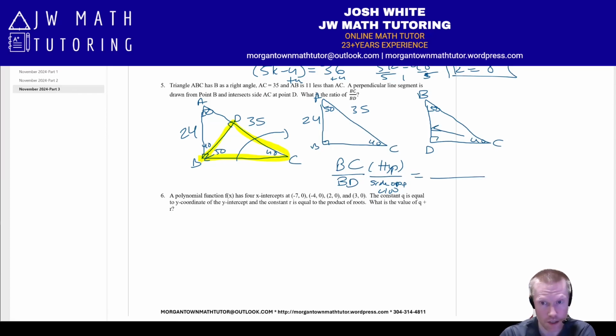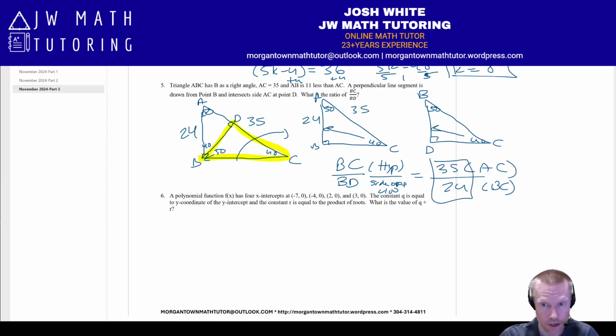So the ratio of these two sides, since they're all similar, will be in the same ratio, i.e. proportional to the same corresponding sides in the other one. So in other words, in ABC here on the left, the hypotenuse, which is AC, is 35, and then the side opposite the 40, which is AB, is 24. Therefore, the correct answer to this problem is 35 over 24.